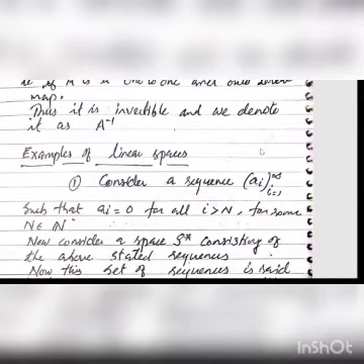This is the notation we are using in your textbook. So consider a sequence a_i such that a_i is equal to 0 for all i greater than n. So after a finite stage, every element of your sequence is zero, for some n belonging to N.